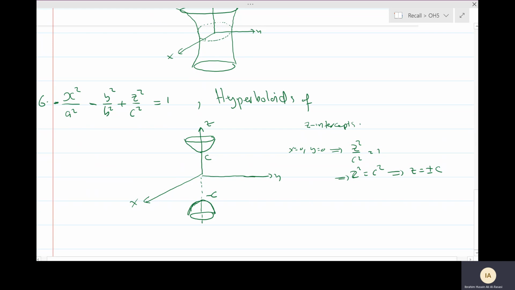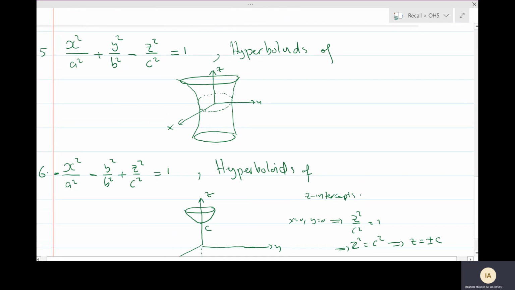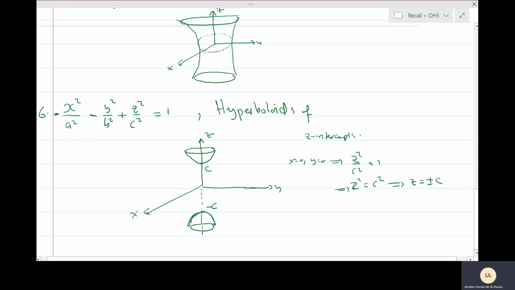Both are hyperboloids, closed with ellipses, but the first one is one sheet, and the second has 2 sheets or 2 pieces, separated. So the first one, you call it hyperboloid of 1 sheet. The second one, hyperboloid of 2 sheets.